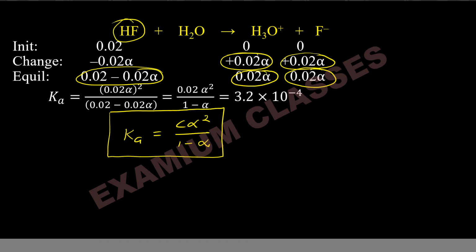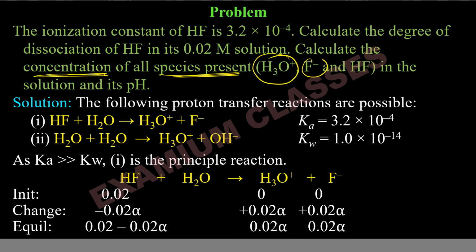I'm going back to the question. In the question, you have been asked to calculate the composition, species present, calculate the concentration. Concentration means composition of hydronium ion, fluoride ion, and HF. What is this concentration? This value at equilibrium is the concentration at equilibrium.